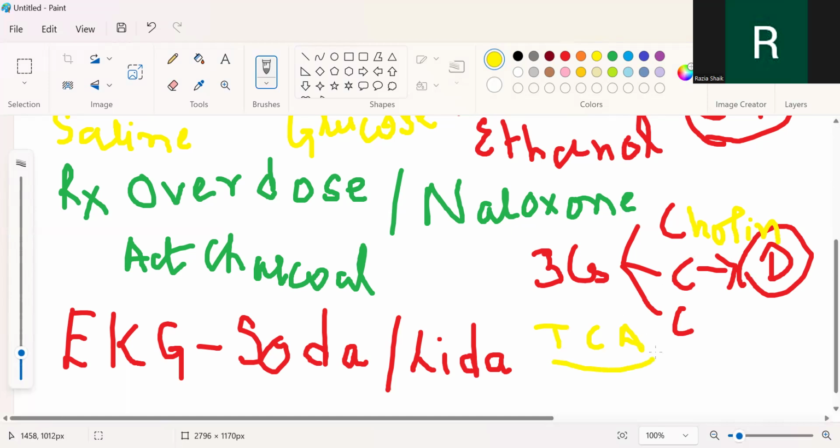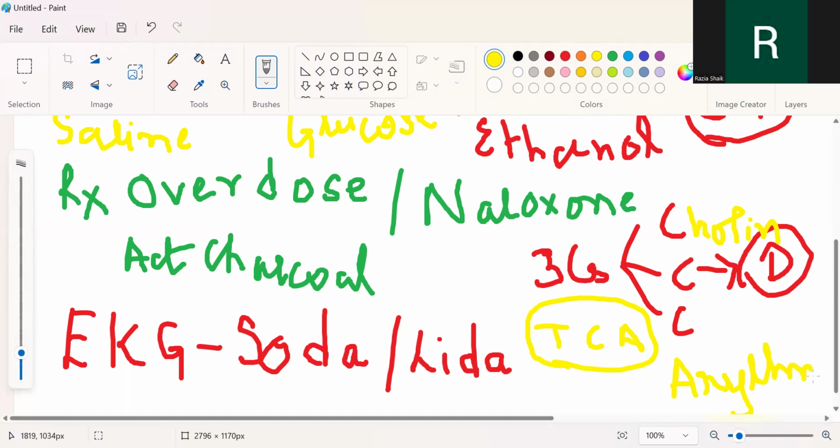It basically messes up all the electrolytes, causing cardiac arrhythmias. So this is something to be watchful about. Always look out for patients; they can end up having arrhythmias.